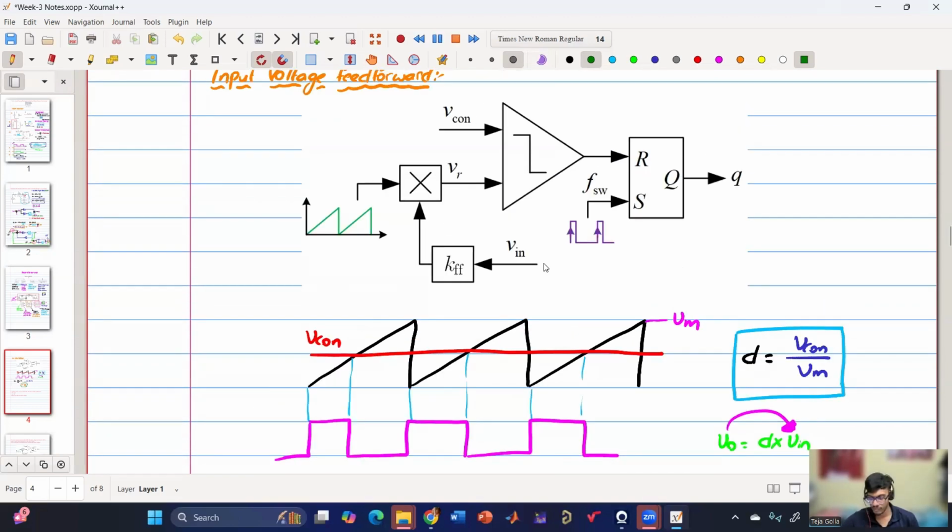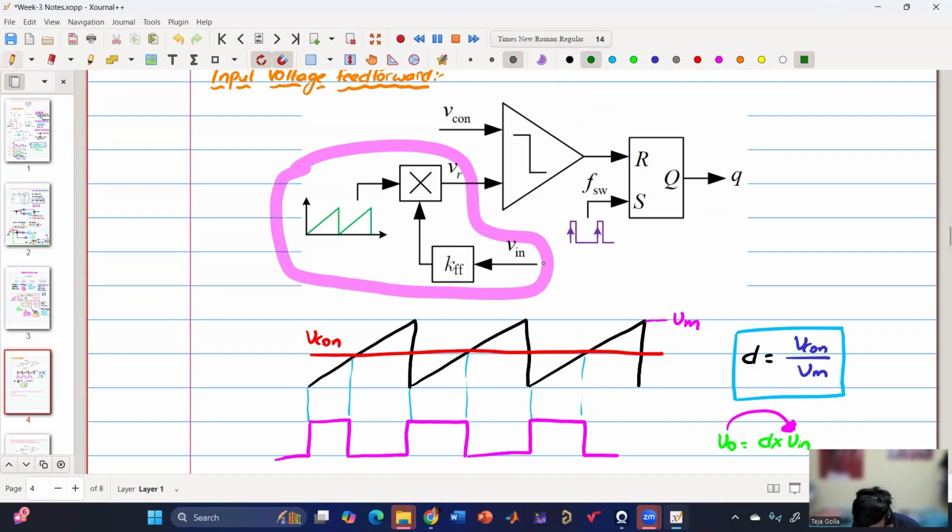So basically here we have introduced one feed forward. This is the feed forward technique that has been introduced. And to be precise, it is input voltage feed forward.